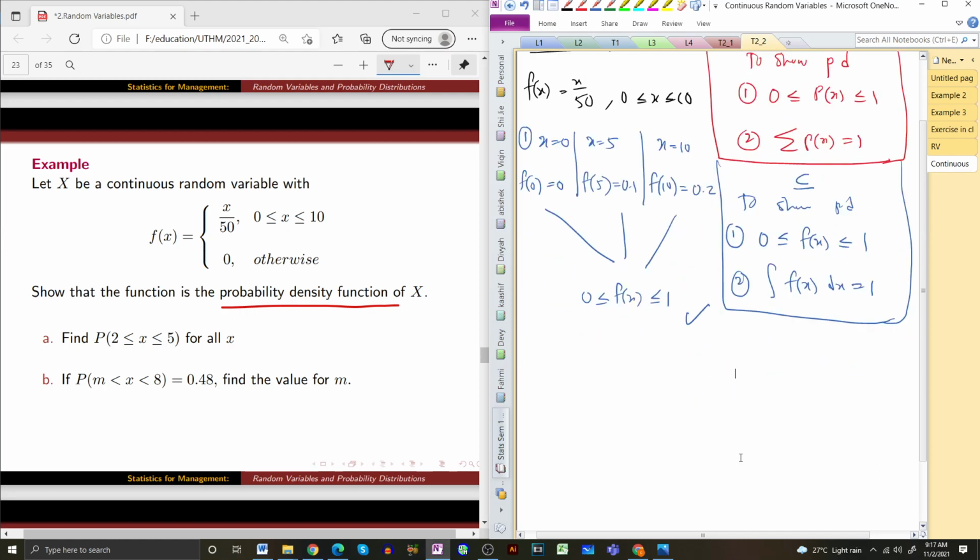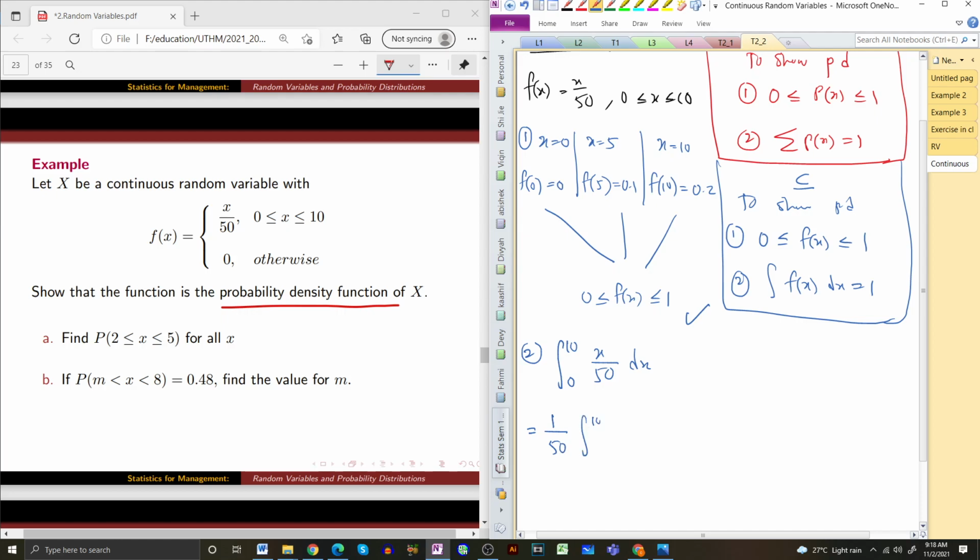The second condition, integrate. I suppose you guys are well versed in integration.